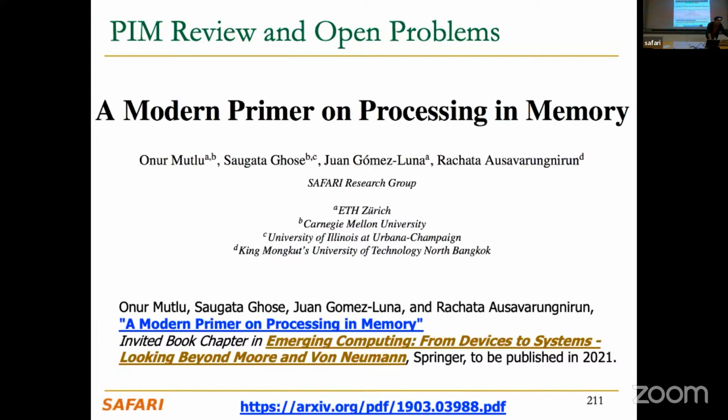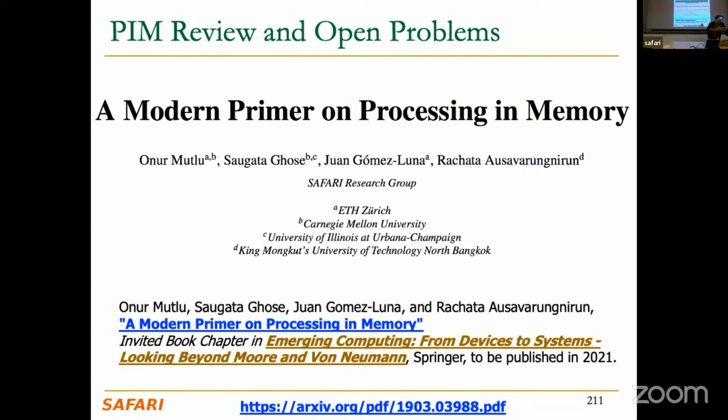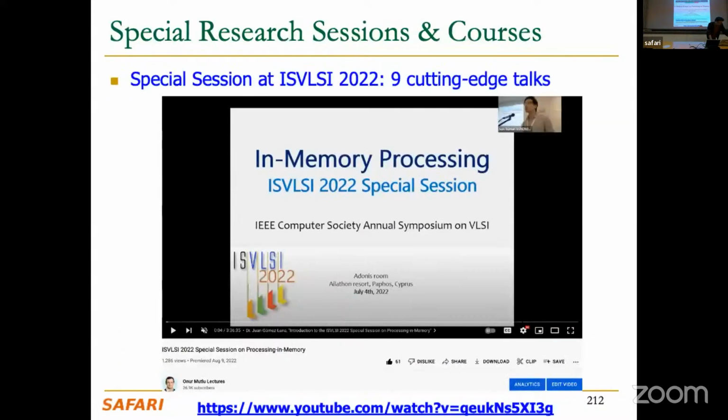If you want a summary on processing in memory, a review on processing in memory, and also an introduction to all these issues that need to be enabled to support processing in memory, I can recommend our book chapter.